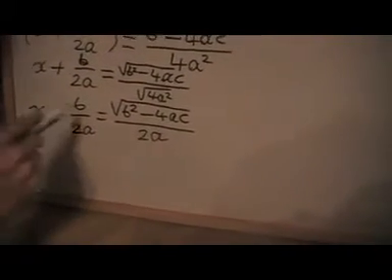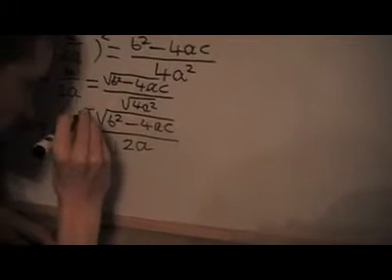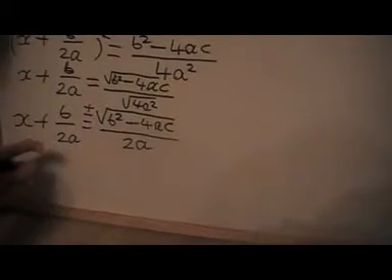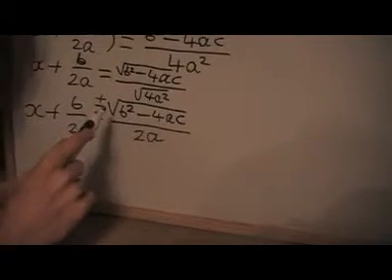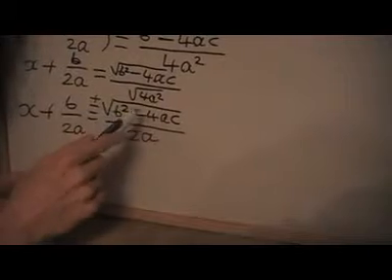And of course you have to put the plus or minus in here. I nearly forgot about that. That's an important thing, because we've got a positive and a negative root here.